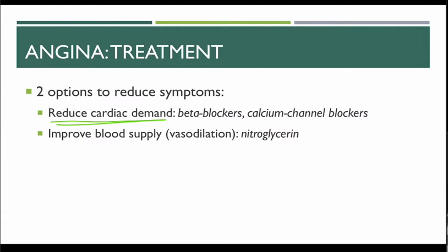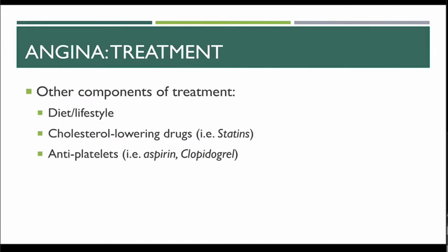The other option that we have is to improve blood supply. So by treating them with a vasodilator, you can improve blood flow to the heart. Other things that you will typically see are education and intervention to change diet and lifestyle. People will often go on cholesterol-lowering drugs. Statins are the big one, to try to prevent the further growth of their atherosclerosis.